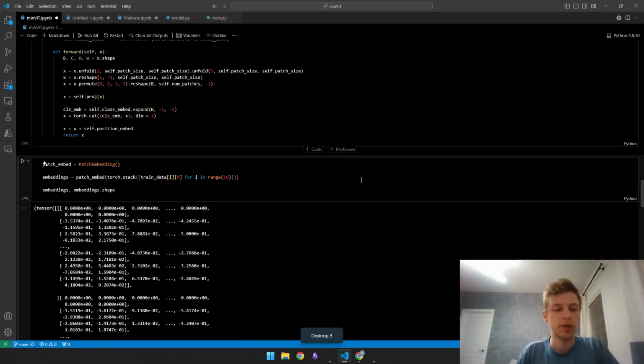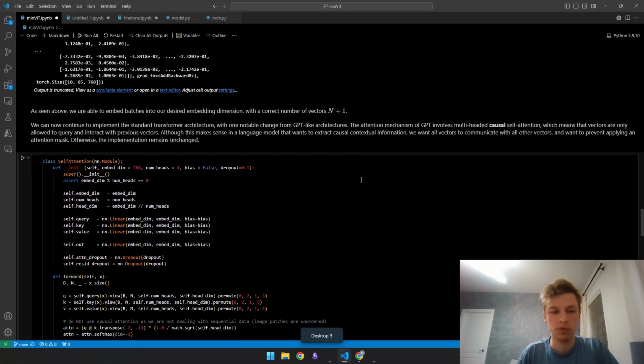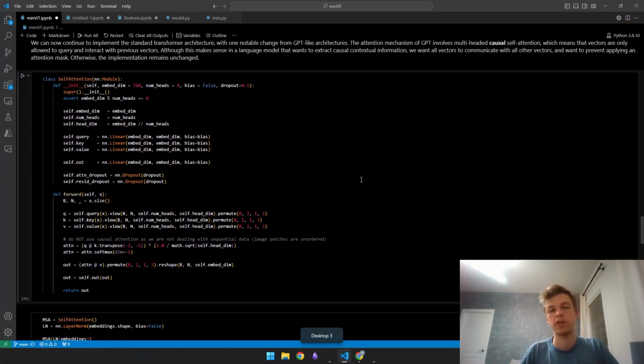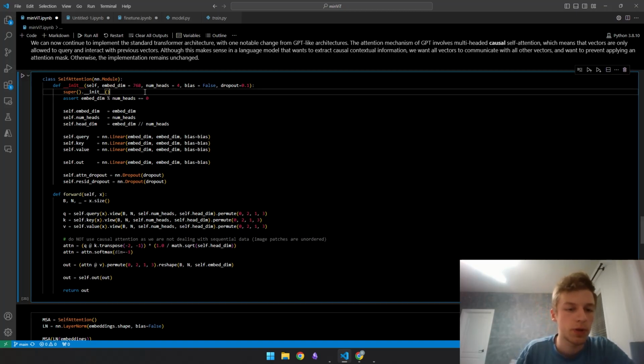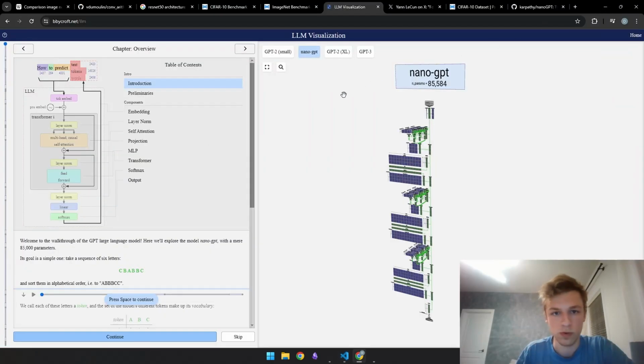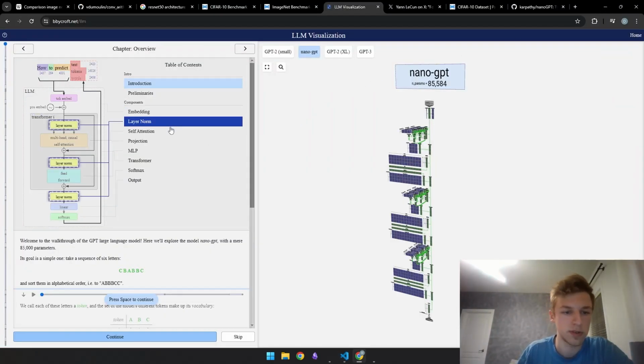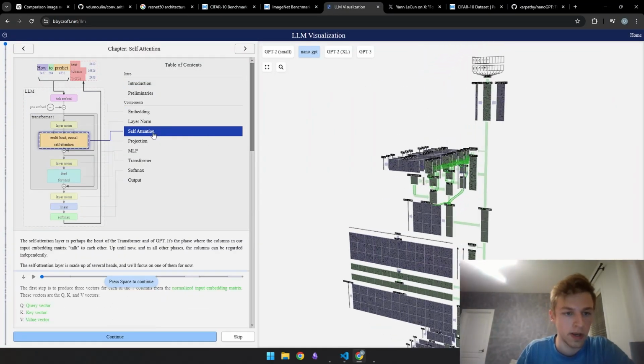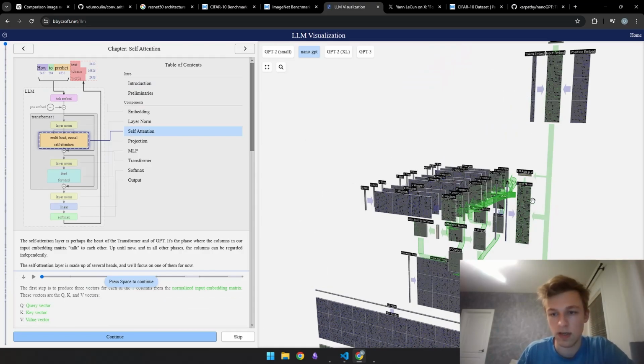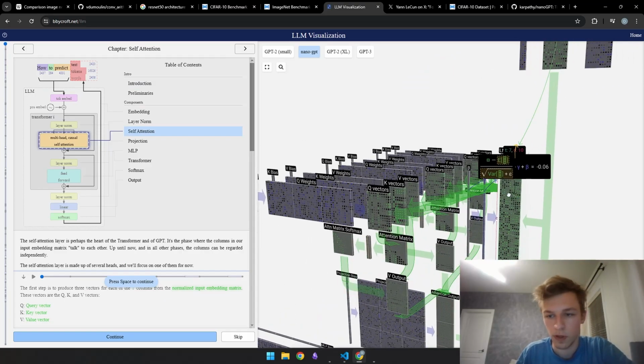Okay, so now that we've completed the patch embeddings, we can move on to the self-attention mechanism at the core of the transformer architecture. And we make some slight modifications to this from a GPT that would be used on language modeling tasks. So first we're going to go to the LM visualization I mentioned earlier. And if we look at self-attention, we can see what's going on here.